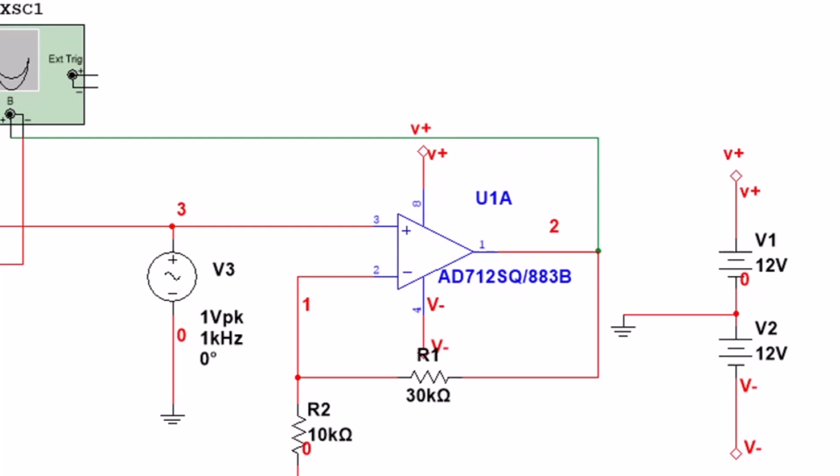A standard op-amp symbol is shown in the slide. The symbol with AD712SQ, that's an op-amp. It has two input terminals, the inverting input, which is negative, and the non-inverting input, which is positive, and one output terminal.